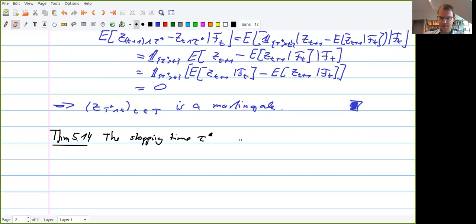Let me write once the definition again. So this is the stopping time as we just have defined it. The first hitting time of Z hitting the given process Y solves the stopping problem.